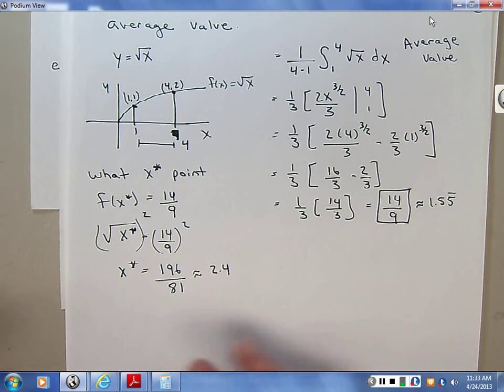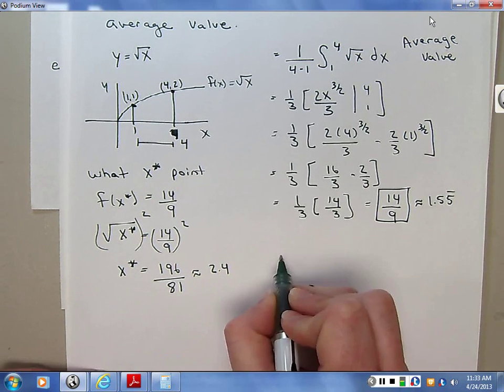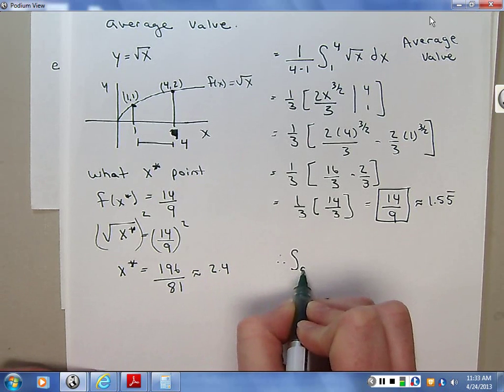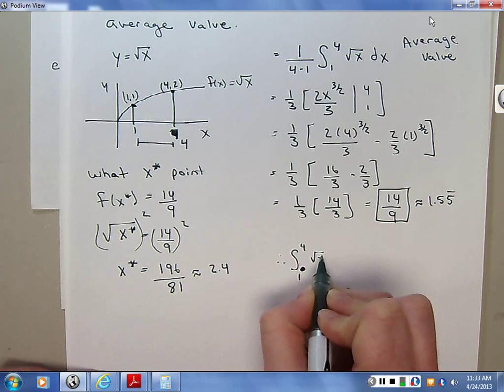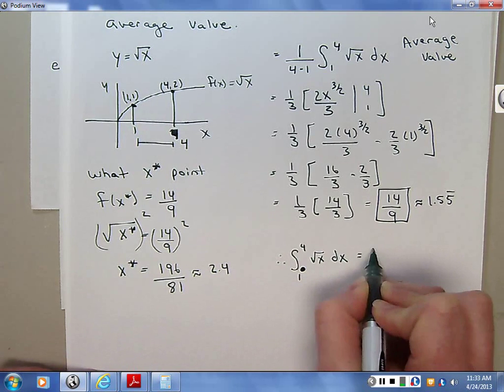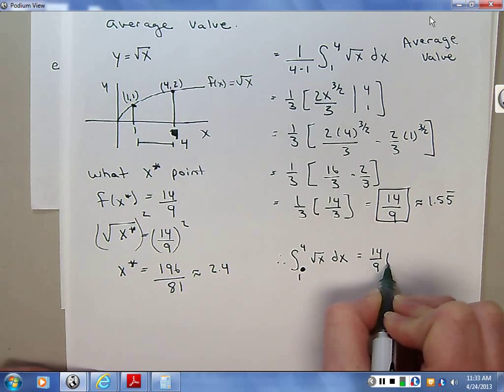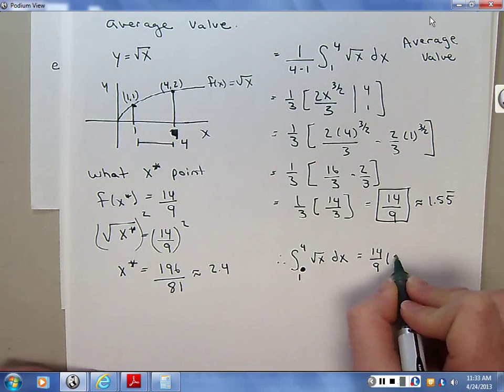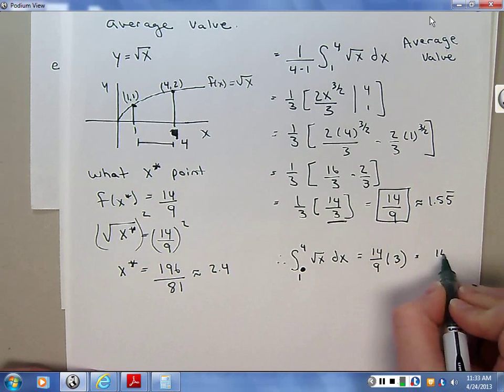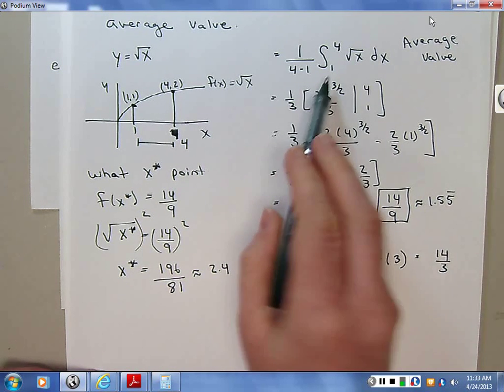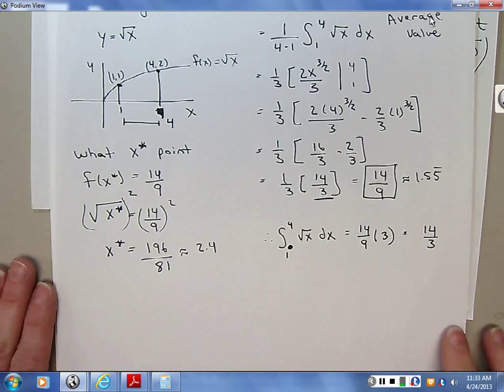The application of that? It is also saying that if I want to integrate from 1 to 4 of the square root of x dx, I can take 14 over 9 times 3, which would get 14 over 3, which we already knew, right? We already did that work to show that.